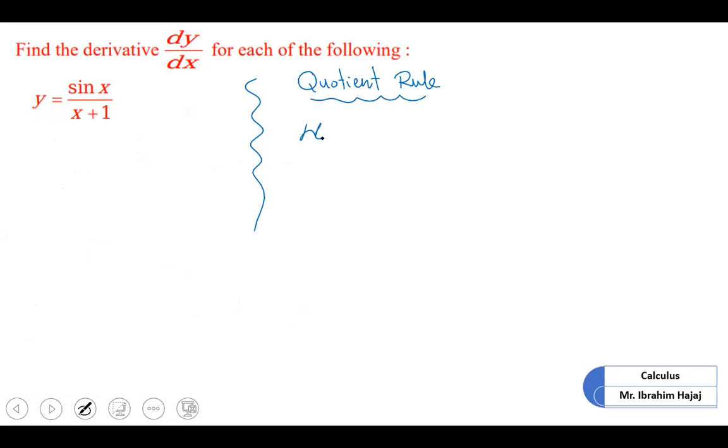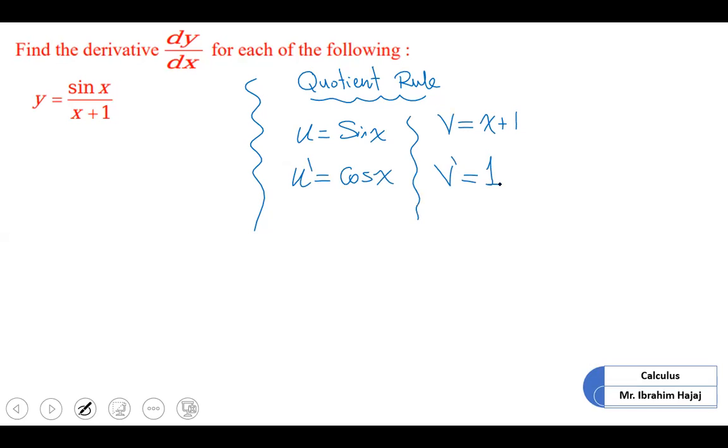We will let u be the numerator, which is sine x, and the derivative u prime, which is cosine x. And we will let v be the denominator, x plus 1, and v prime, the derivative of x plus 1, which is 1.